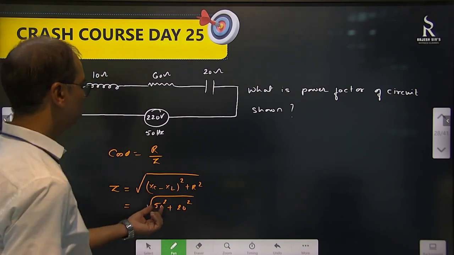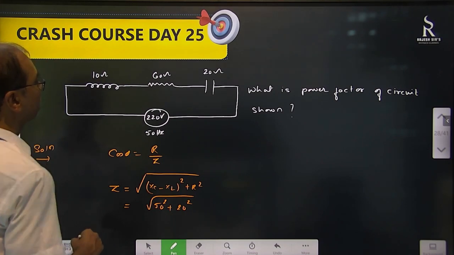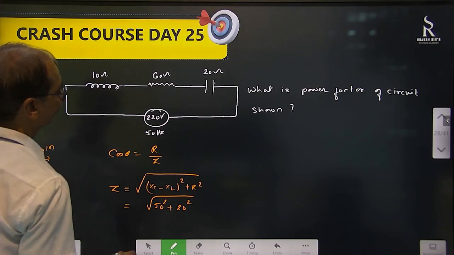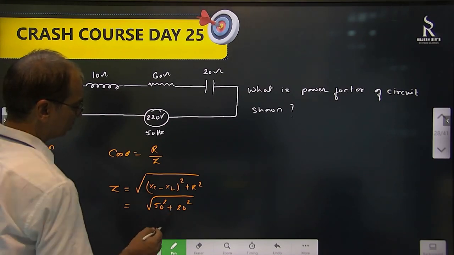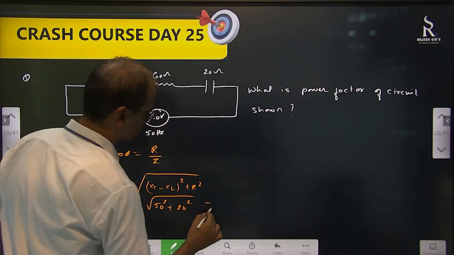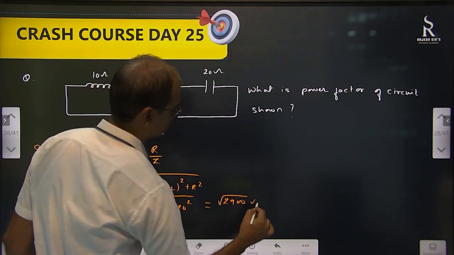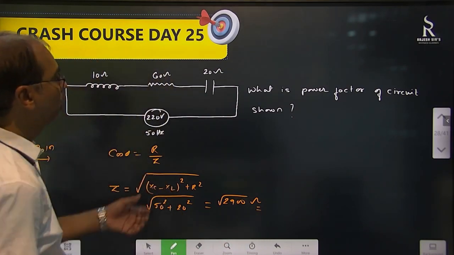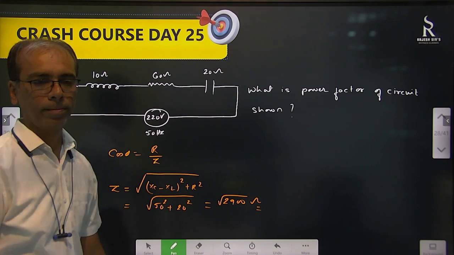So this is 2500 plus 400. Let it be 2500 plus 400, 2900. We got it. Now R value is 20 and Z value is this. We got power factor. No problem.